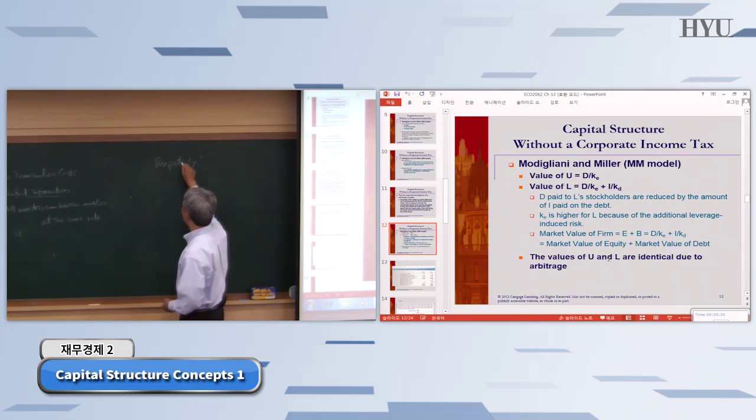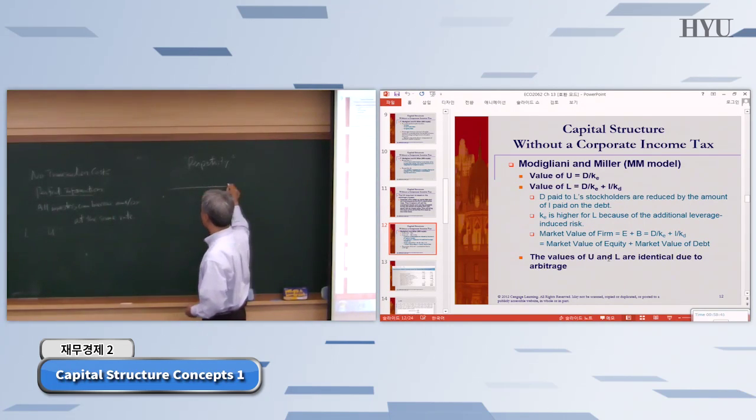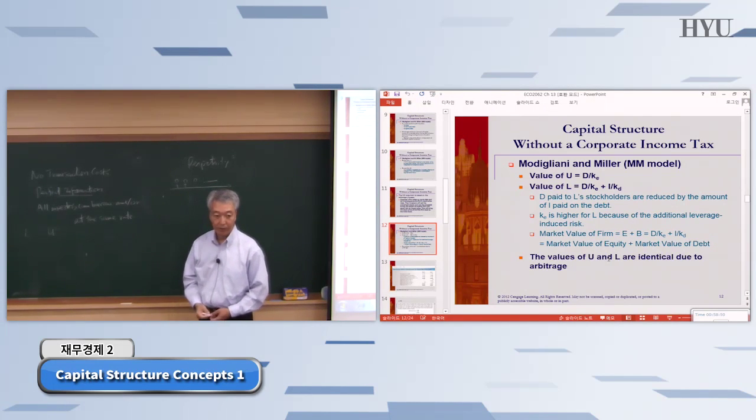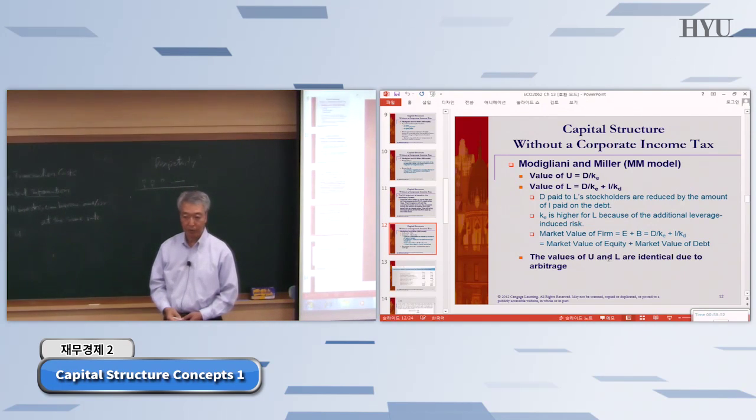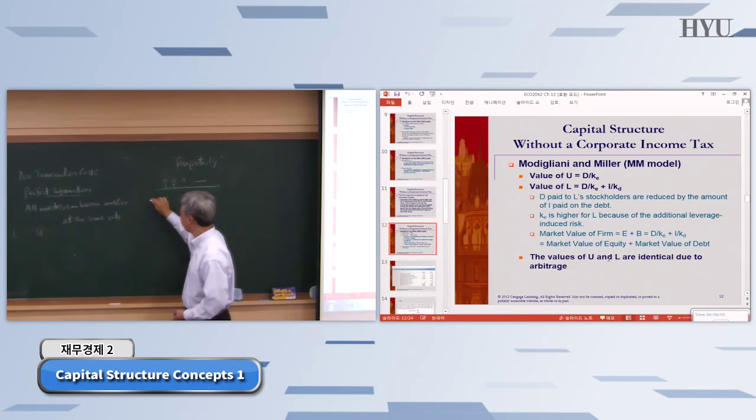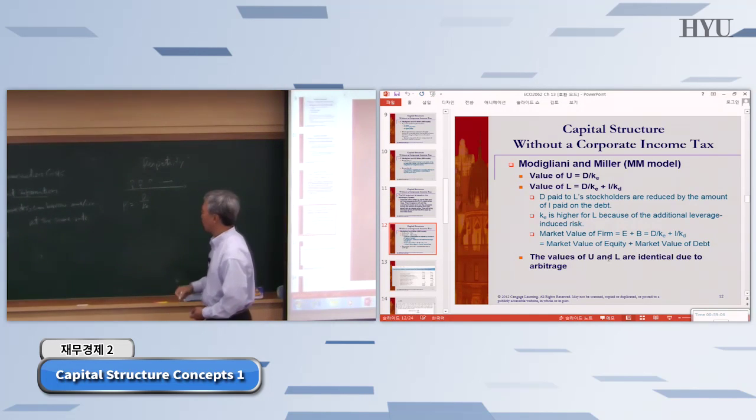Suppose a company pays the same amount of dividend forever. What is the value of this company, or value of the stock? That will be the present value or price of that stock, D divided by discount rate. Just like the perpetuity case.